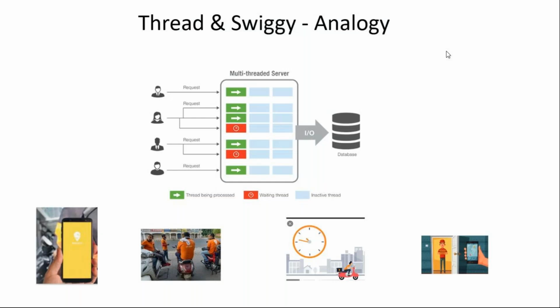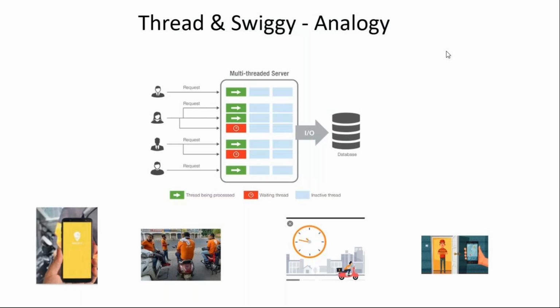So to handle the peak hours, similar to Swiggy, right? Swiggy, in the morning and evening, will deploy 20 people. Maybe in the afternoon, only 5 people will be there for delivery. Similarly, in the application server, to handle the peak load, they will have some 100 threads configured to handle more traffic. For the off hours, they will have only 20 or 30 threads.